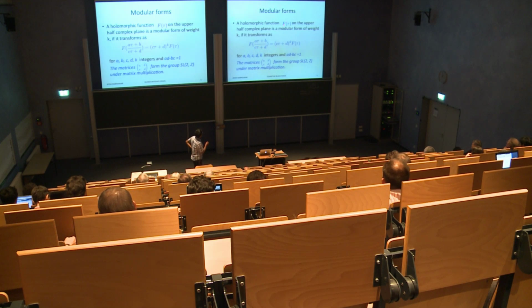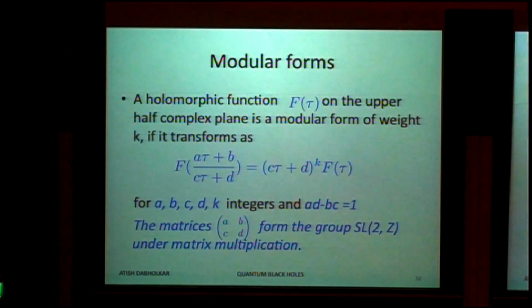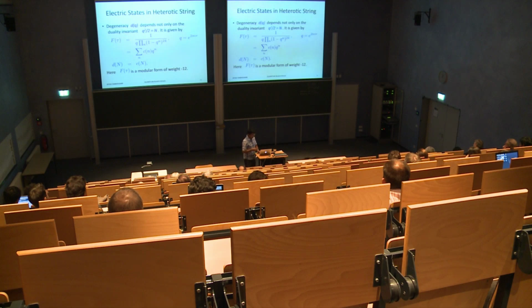Basically a modular form is a complex function defined on the upper half plane, which is very symmetric. It is invariant under SL(2,Z). These are the transformations under 2 by 2 matrices of integers such that the determinant is 1. So if a, b, c, d is such a matrix, the function has this remarkable symmetry property that's called a modular form.